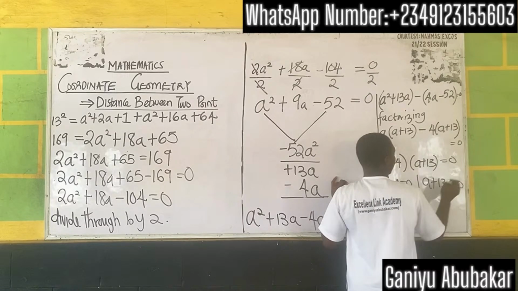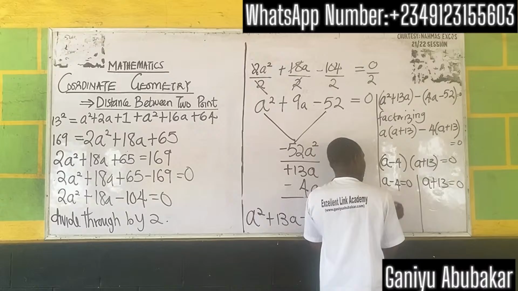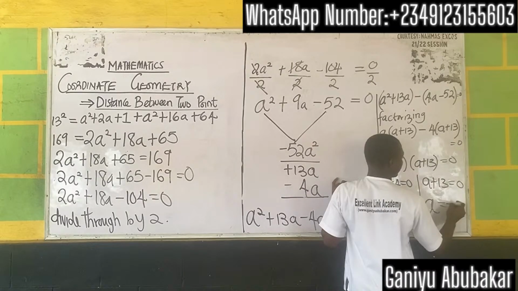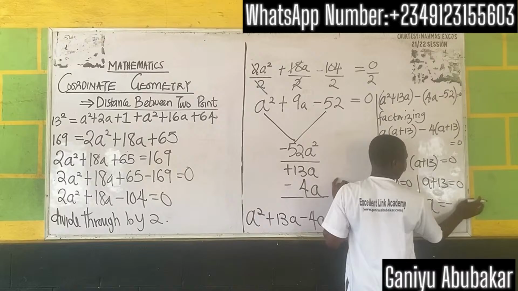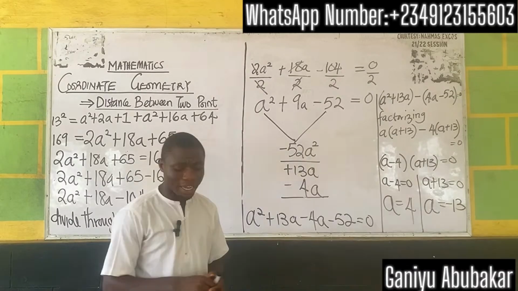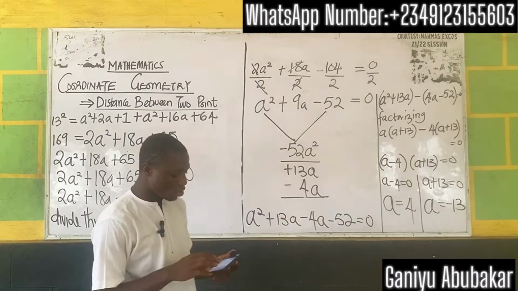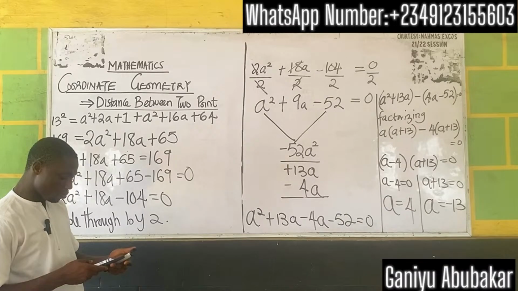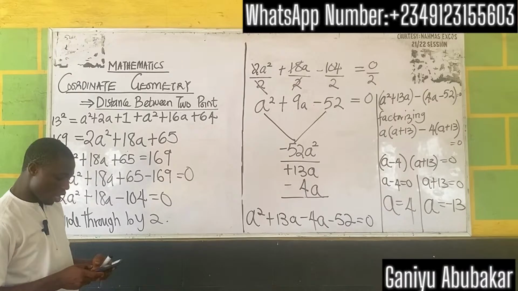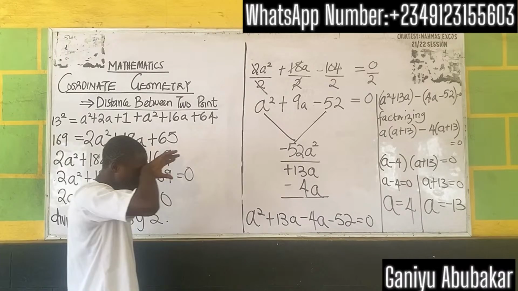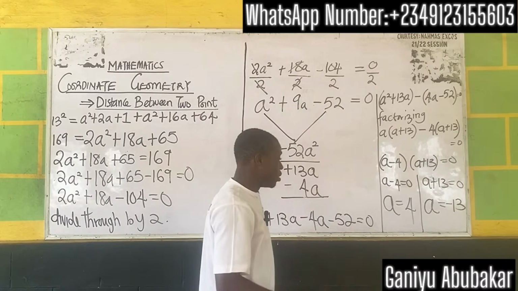This gives you a equals 4 or a equals negative 13. These are the two possible answers for a. This is how you solve this particular question, as you can see on the board.